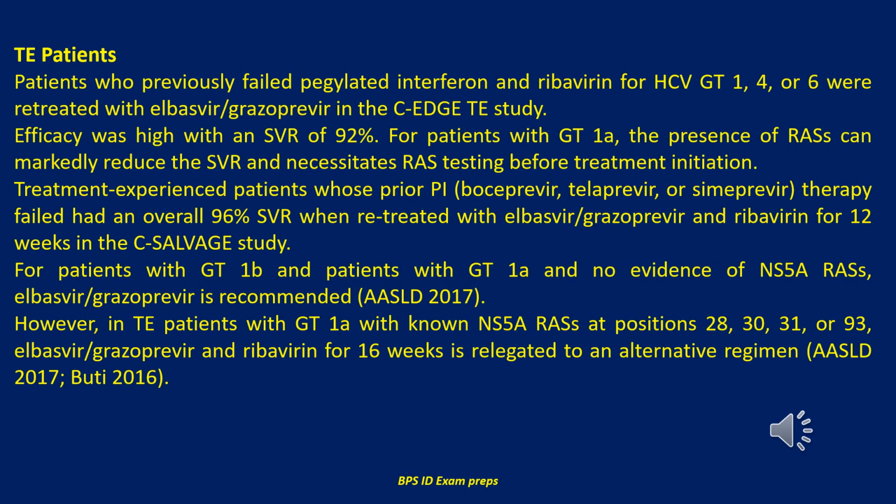However, in treatment-experienced patients with genotype 1a with known NS5A RASs at positions 28, 30, 31, or 93, elbasvir plus grazoprevir and ribavirin for 16 weeks is relegated to an alternative regimen, according to AASLD 2017, and Buti 2016.